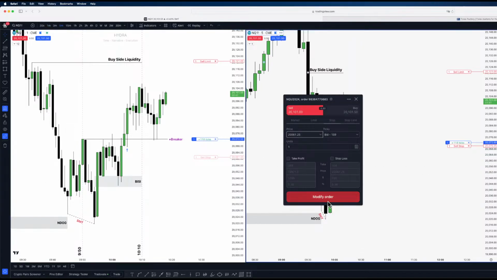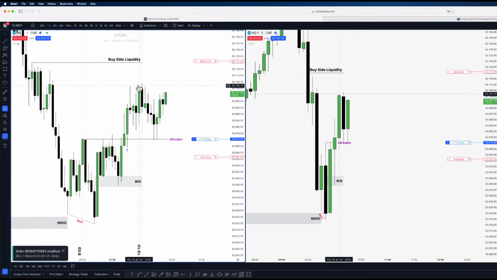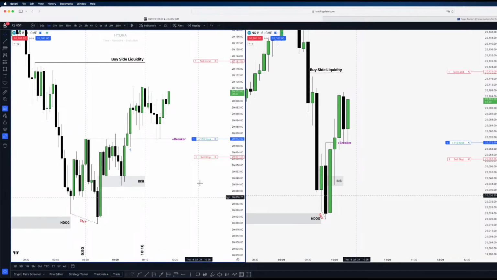I think the move's gonna happen now. Okay, we're closing above the order block. As I told you guys, that's gonna be a signature for us. I trailed my stop to take the screenshot. Stop is still at break even.